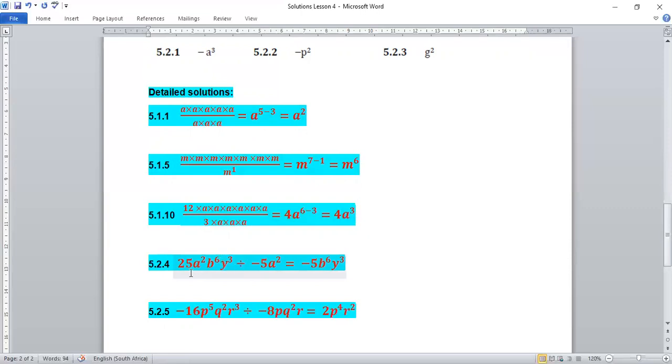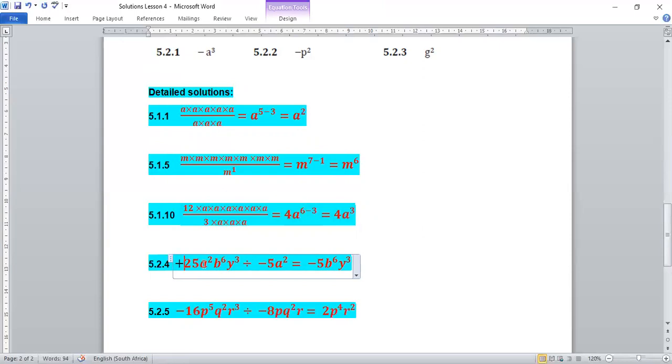Because it's division, you know you're going to subtract. First of all, what's the sign of this number? The sign of this number is positive. So a positive divided by a negative is negative. 25 divided by 5 gives you 5.